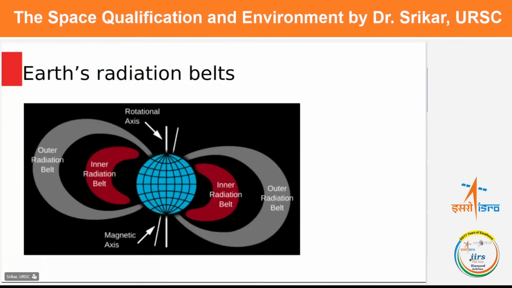Apart from this, if you are associating yourselves with some space within the Earth's magnetosphere, here I'm showing you a picture of the Earth's magnetosphere, and much of our spacecraft systems are located in and around this space.